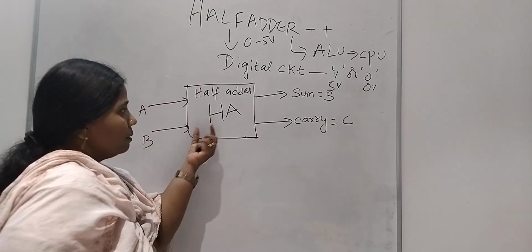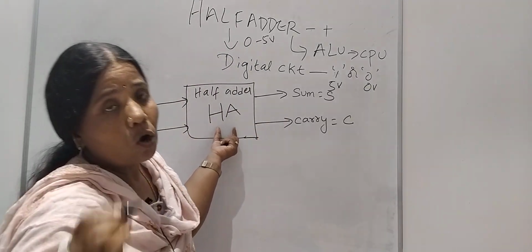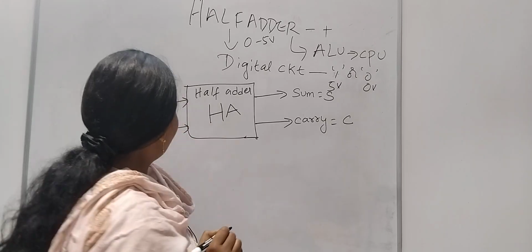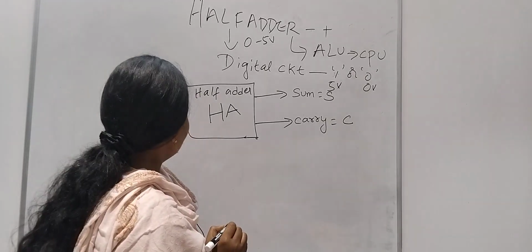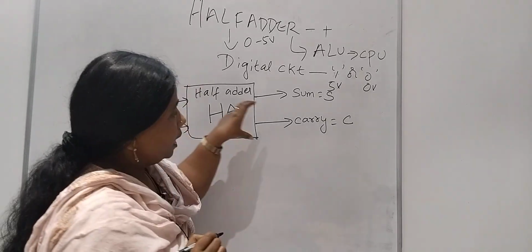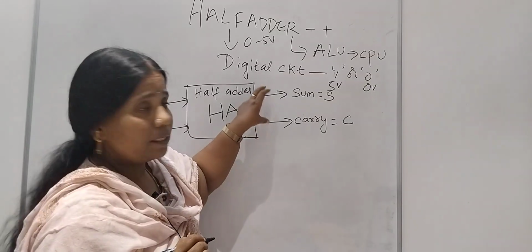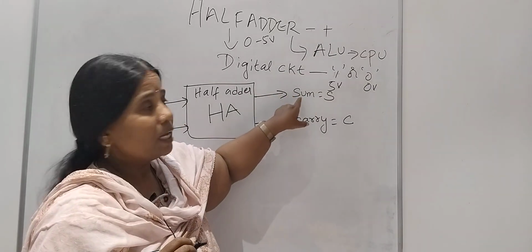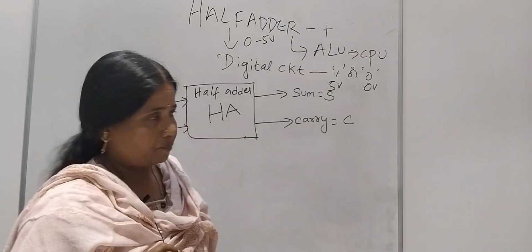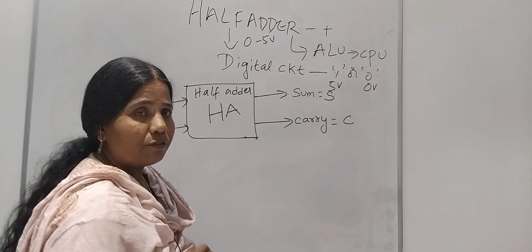Remember that the half adder is a digital combinational circuit which has two inputs for doing the addition, and that added result it will produce in the form of two outputs, that is nothing but sum and carry. That is the definition of your half adder.